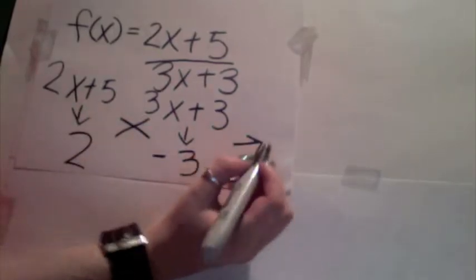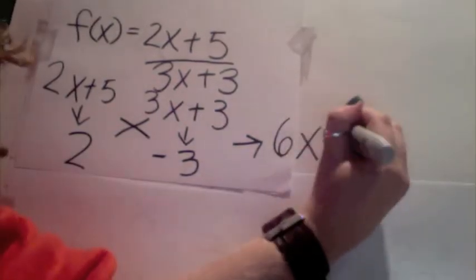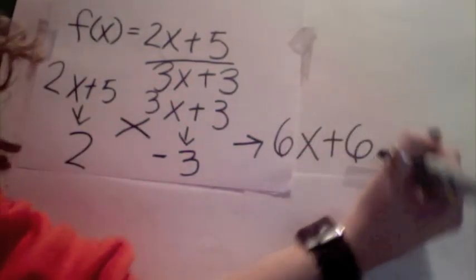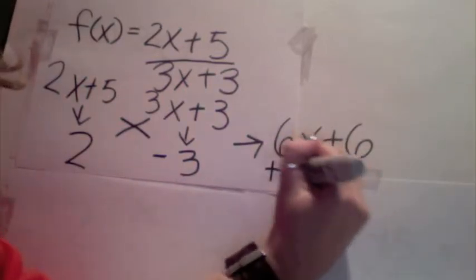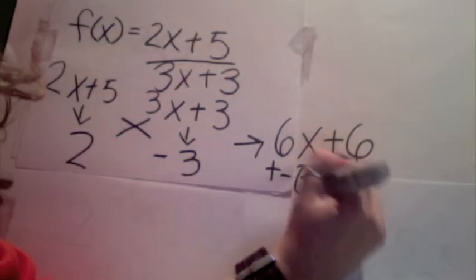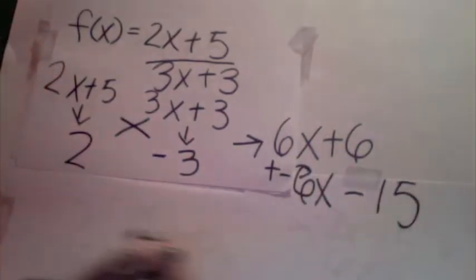You would get 6x plus 6 plus negative 6x minus 15.